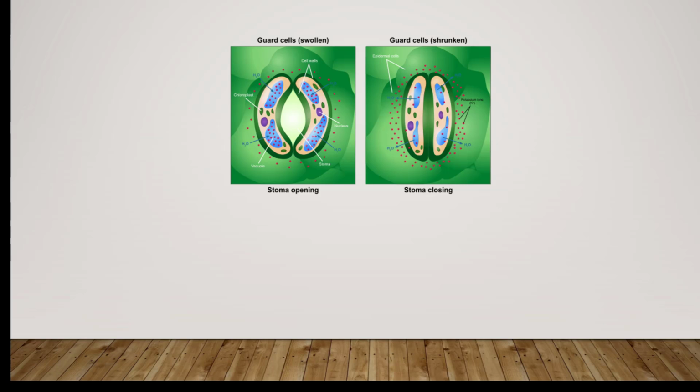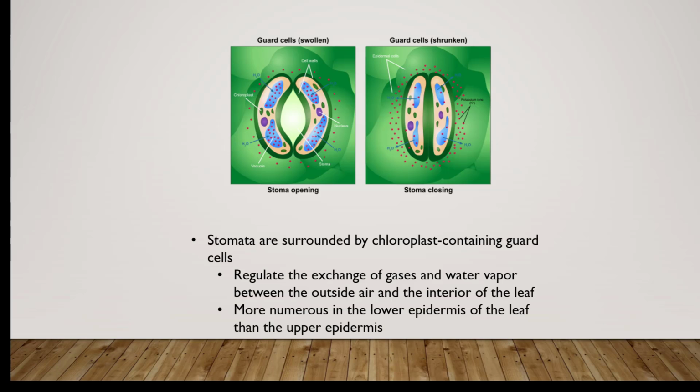So here are your guard cells, and they're swollen, so they're open, and so carbon dioxide can enter, water vapor and oxygen can leave. And here they are shrunken, and the stoma, which is the singular of stomata, is closed.